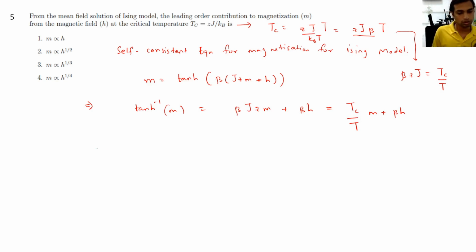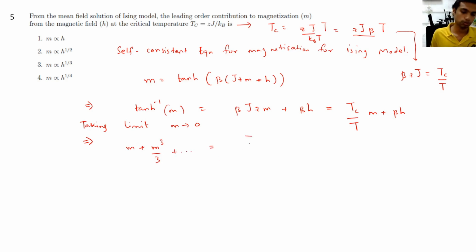Now we are going to expand this in the limit m goes to 0. So this we can approximate as m plus m cube over 3 plus some higher order terms which we are neglecting.